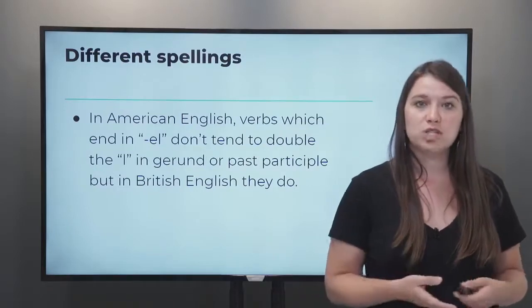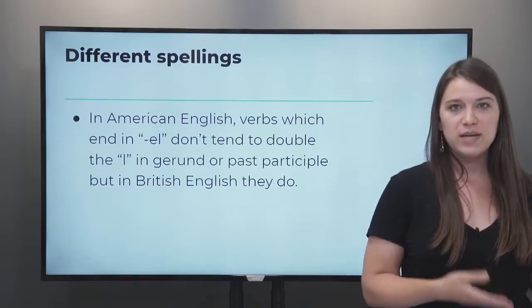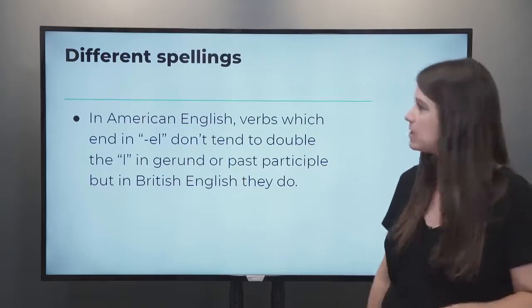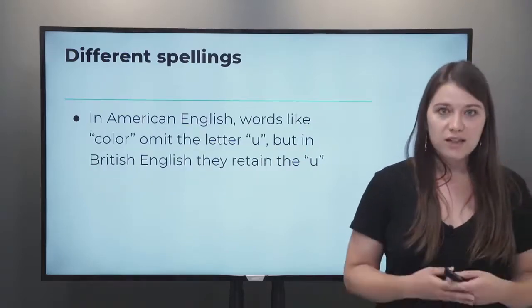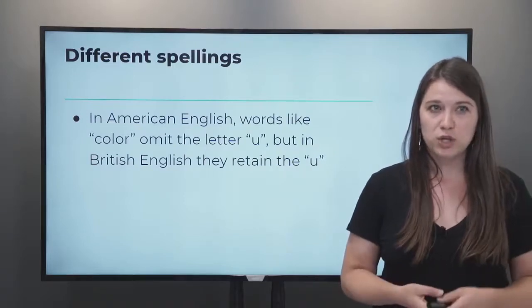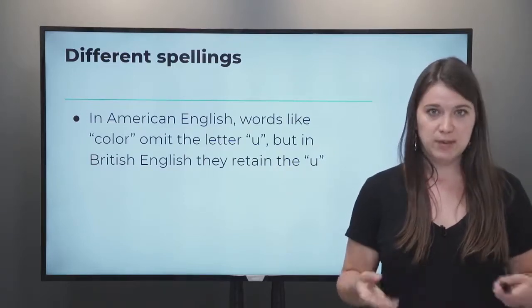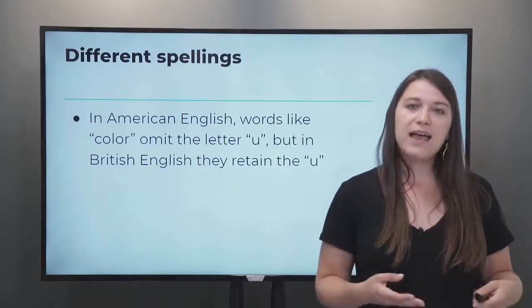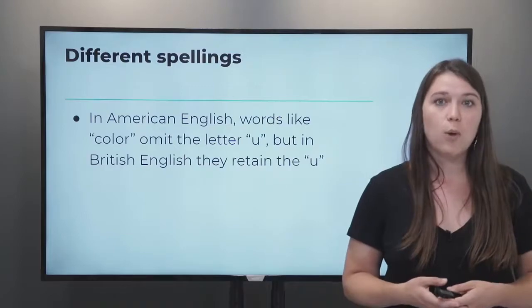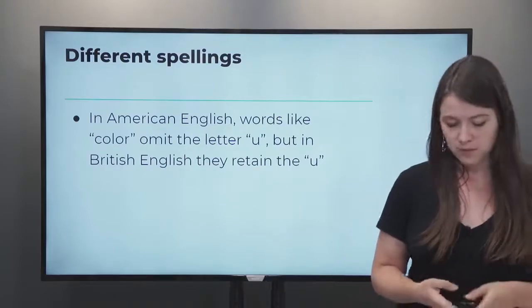In British English, you would double the L and add an ing. Something to keep in mind. Another spelling difference, words like color in American English omit the U, but in British English they keep it. So color in American English is C-O-L-O-R, and in British English it's C-O-L-O-U-R. Okay?